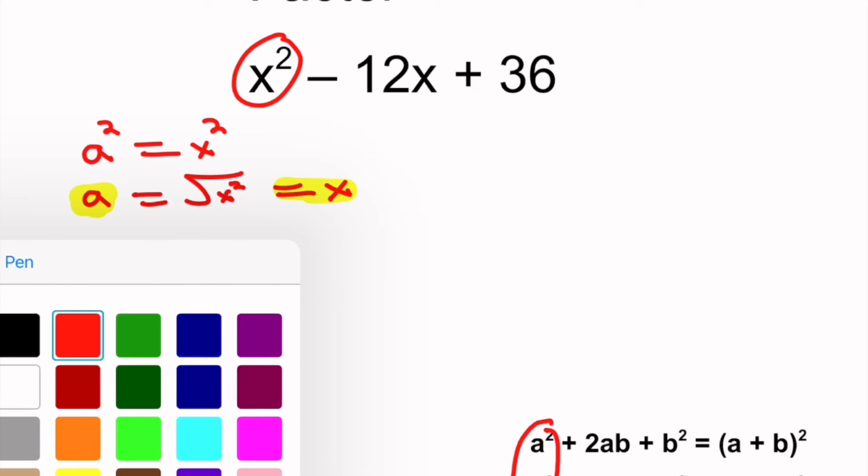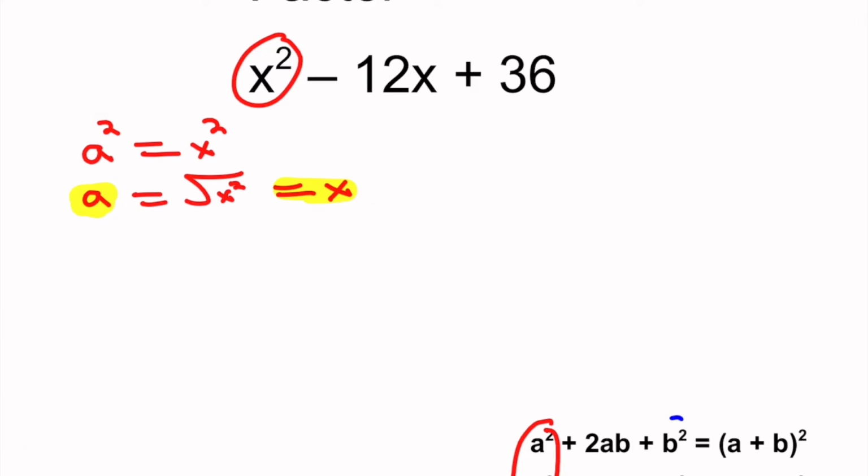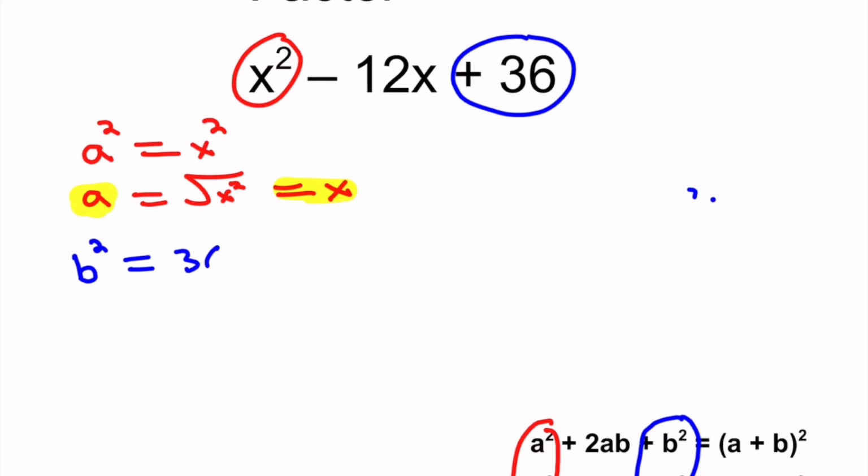Let's do the exact same thing for b. So b squared term is the very, very last term. So the 36. It's always going to be a positive number here, but you can ignore the symbol, really. So that means b squared is equal to 36. That means if we were to solve for just b and we square root that, we are going to get just 6.